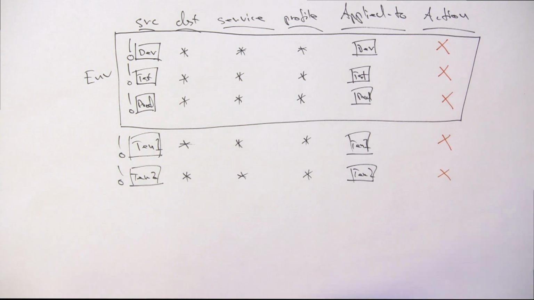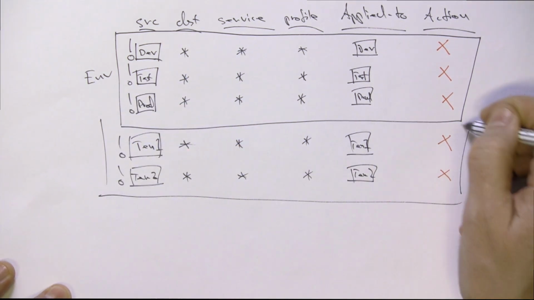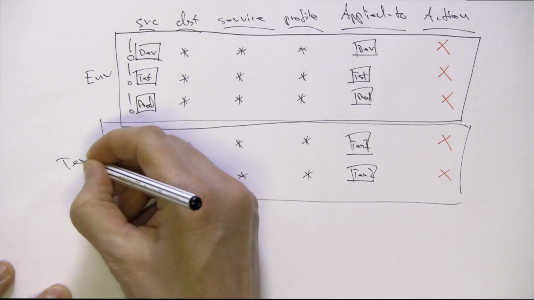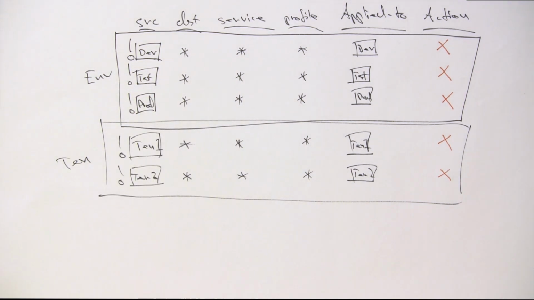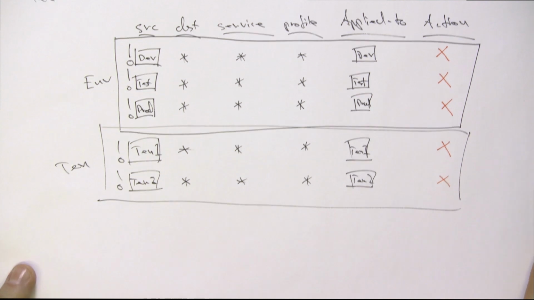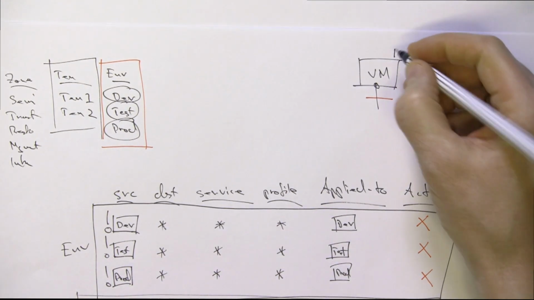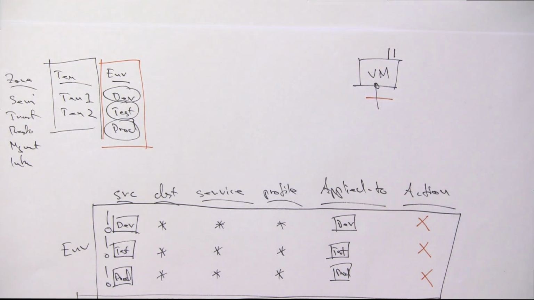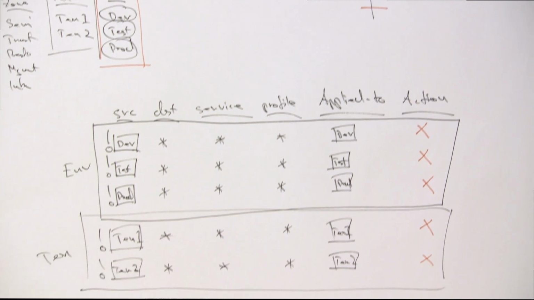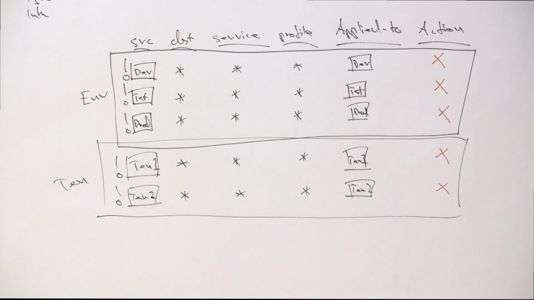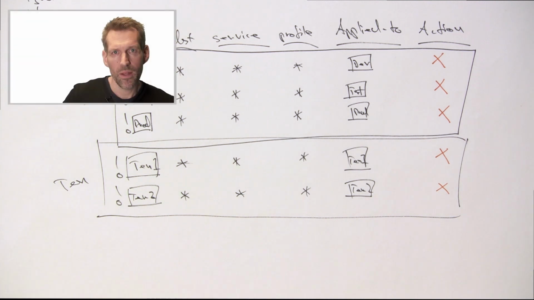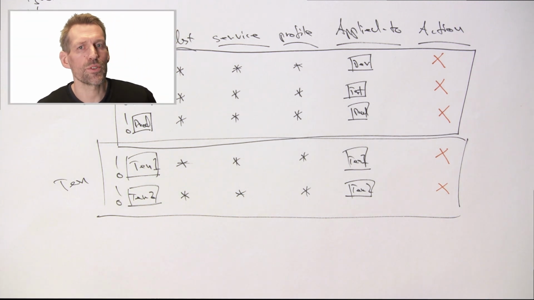Okay, so by now we have a second dimension. That dimension we call, in this particular example, the tenant dimension. The cool thing now is that, yes, I am supposed to tag my VM with the environment tag, but also the tenant tag. But regardless of how many environments I have, and regardless of how many tenants I have in my data center, I can reuse my security policies.